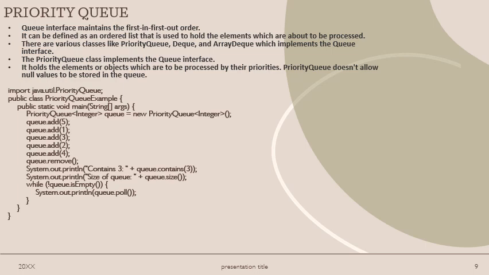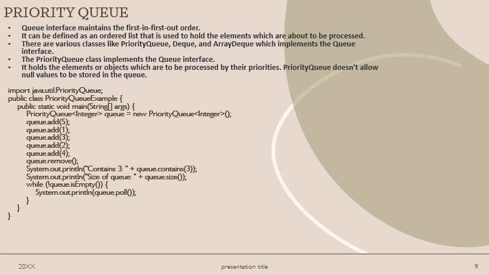The PriorityQueue class implements the Queue interface. It holds the elements or objects which are to be processed by their priorities. PriorityQueue does not allow null values to be stored in the queue. We can see the example as explained in all other Java classes. Here we are going to import java.util.PriorityQueue.